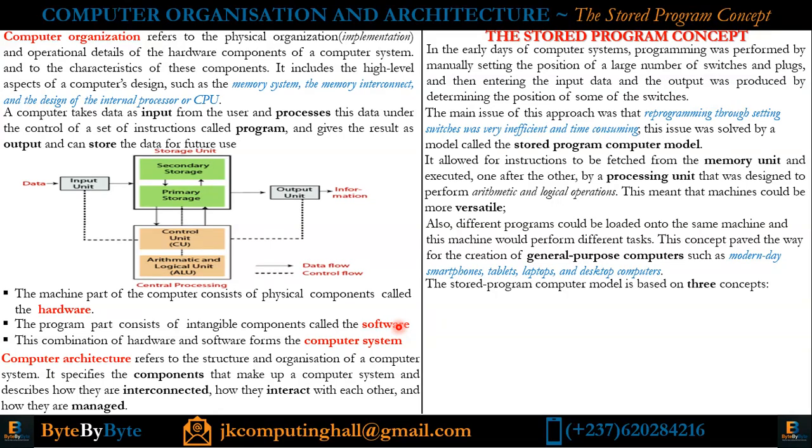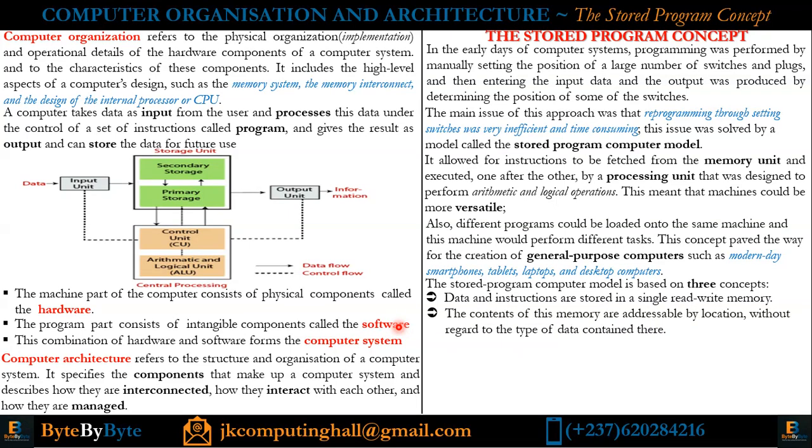The stored program computer model is based on three concepts. These are the fundamental concepts on which it is based. One, data and instructions are stored in a single read-write memory, meaning that the data and the instructions being used by the computer are stored in the same memory.